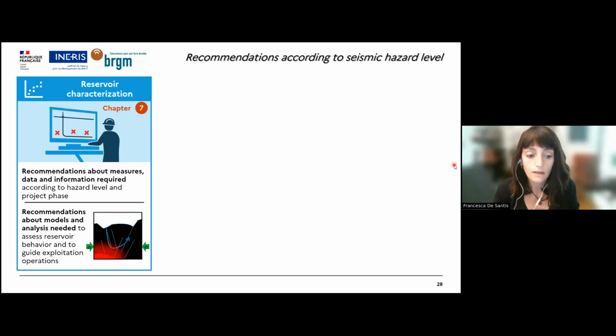And these data and analyses will also help to answer the different criteria of the logic trees that Julie explained before. And also in this reservoir characterization recommendation, we have also given some indication about models, so it can be numerical and analytical models that need to be realized in order to better understand and try to anticipate the response of the reservoir to the operations.